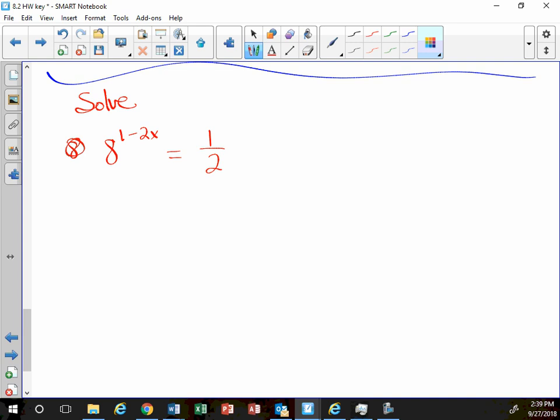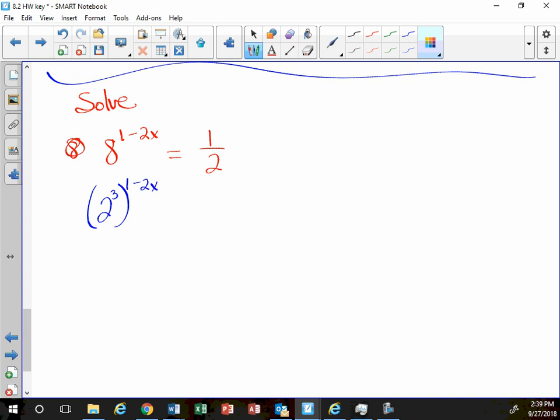Usually the bases you're going to see are 2, 3, maybe 5, but usually 2 and 3, okay? So 2 to what power is 8? 2 to the third. Yeah, so this side is 2 to the third, and then that is still to the 1 minus 2x, right?